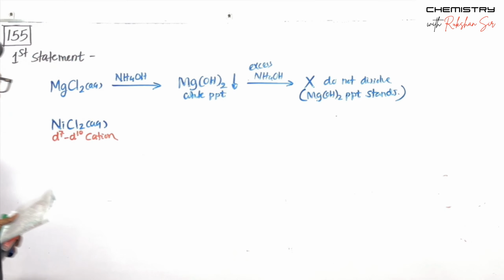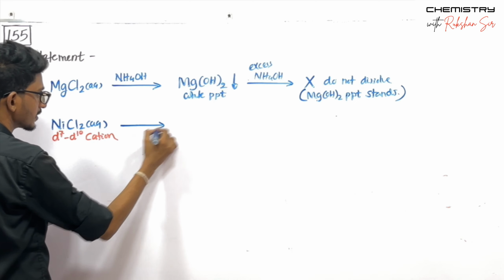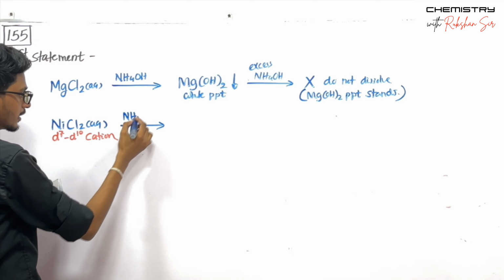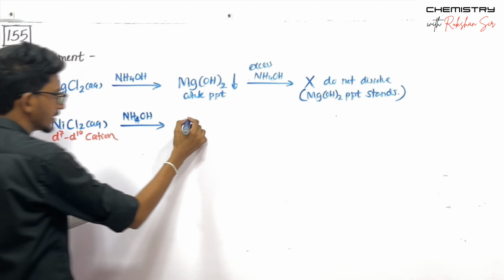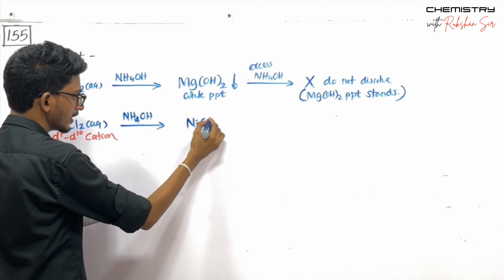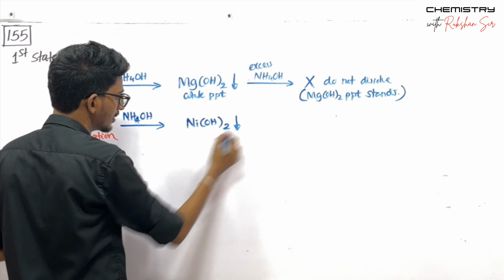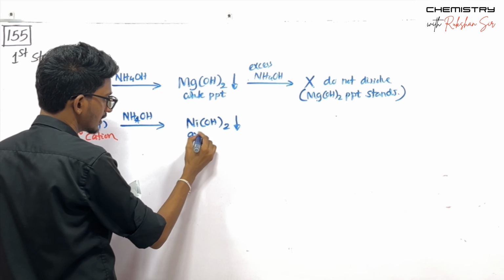So what about the nickel chloride situation? Nickel is considered a d7 to d10 cation. So nickel 2 plus first forms the hydroxide, as ammonium hydroxide is a weak base, the hydroxide precipitate, which is green in color.